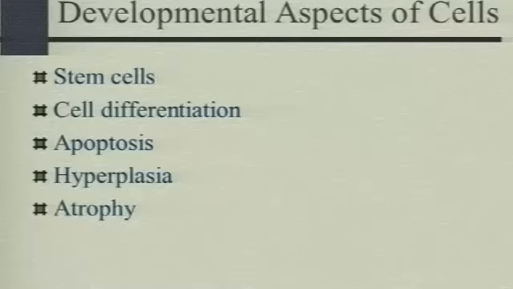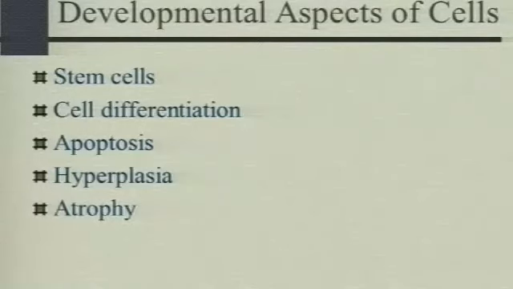Embryos start as a cell, then they start to turn into 3 layers of cells, and then they start to differentiate into the different types of organs and tissues. So cell differentiation is when a cell gets turned on and decides to turn into a specific type of cell. It's pretty cool.